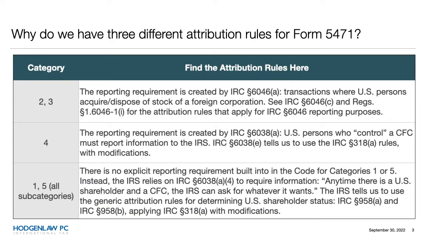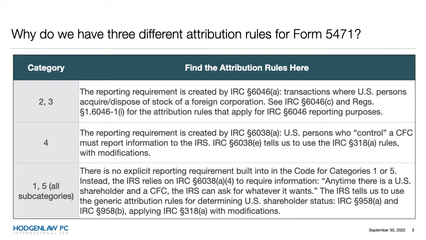Let's get two big ideas out of the way. The first one is just to highlight the fact that there are 3 different attribution rule sets in play for Form 5471. For categories 2 and 3, these are transactions by which U.S. persons acquire or dispose of enough stock to trigger a filing threshold and therefore file Form 5471. The attribution rules are found in Section 6046.